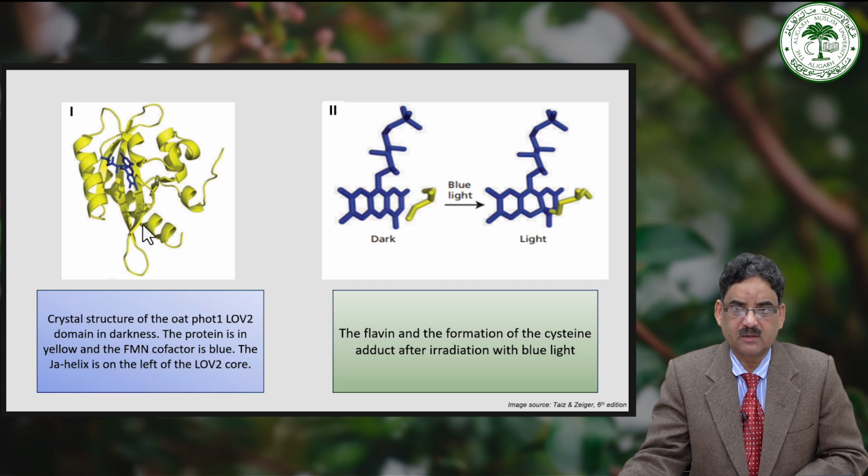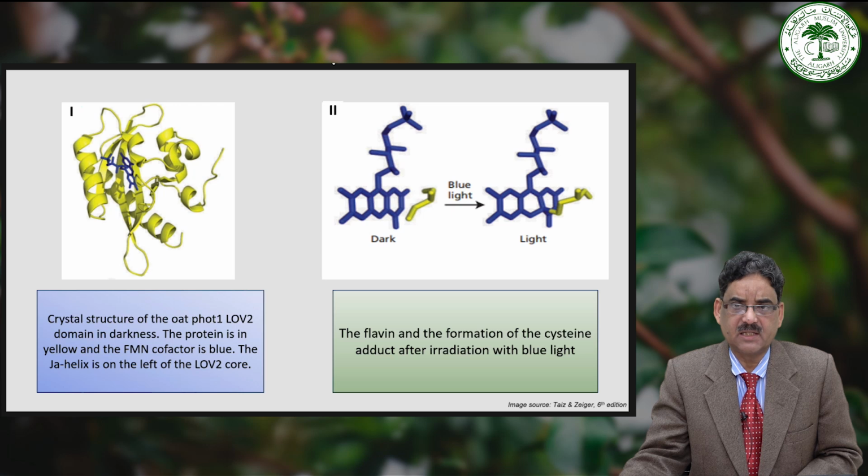As you can look, the figure first displays a crystal structure of the AtPhot1 LOV2 domain in the darkness. The protein is in yellow color and the FMN cofactor here is shown in the blue color. The Jα helix is on the left of the LOV domain.